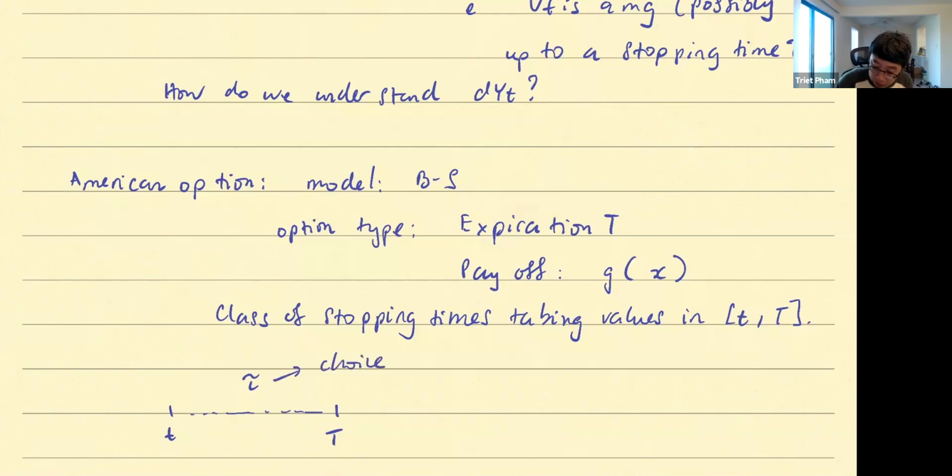And what that means is their choice. What they can choose is to receive the payoff G of S tau at that stopping time.